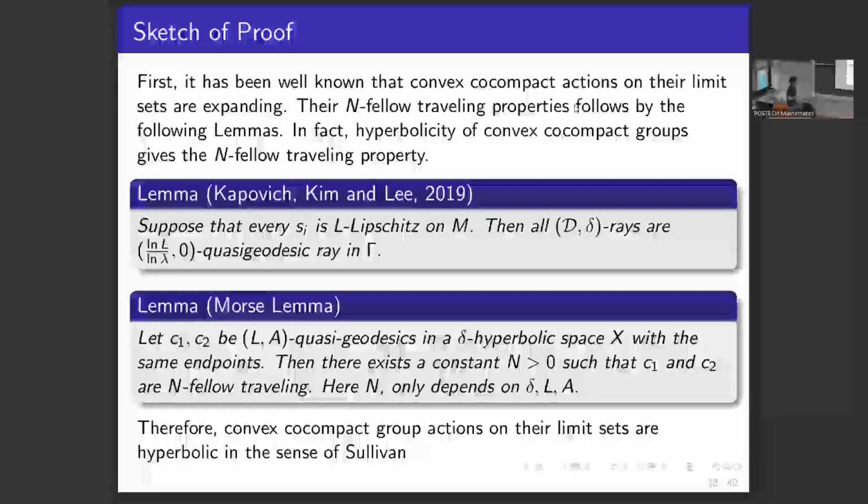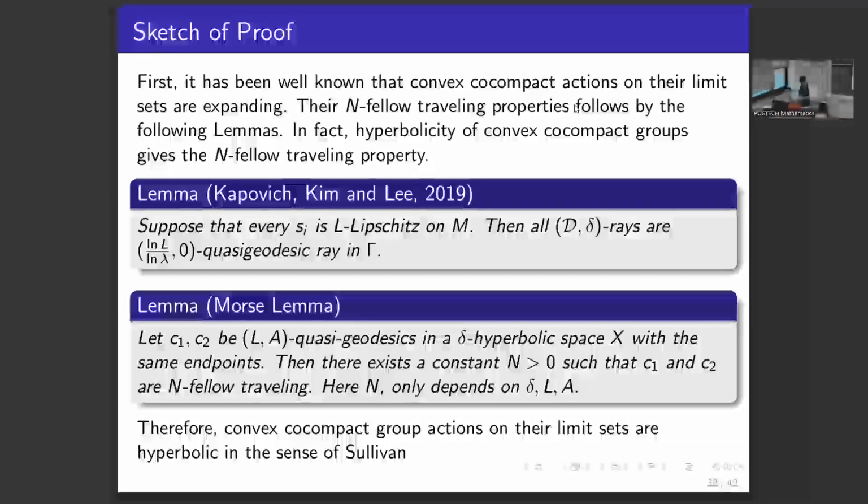But by using the Morse lemma, so what is the Morse lemma in delta hyperbolic space? So there is a Morse lemma in delta hyperbolic space. Uniformly quasi-geodesics in delta hyperbolic space with the same endpoint are fellow traveling. Okay, so this is a powerful lemma in delta hyperbolic space.